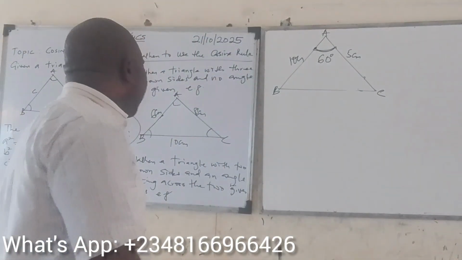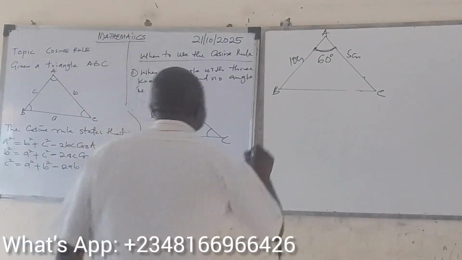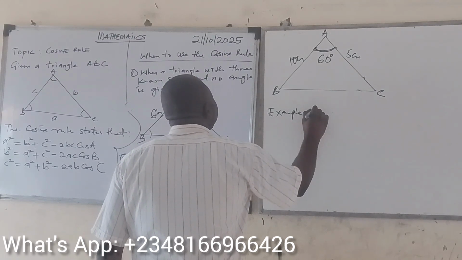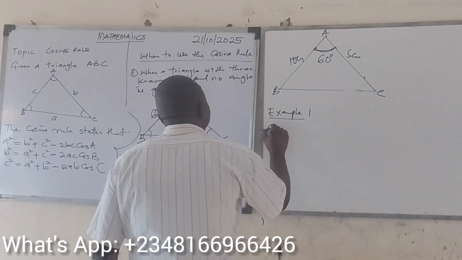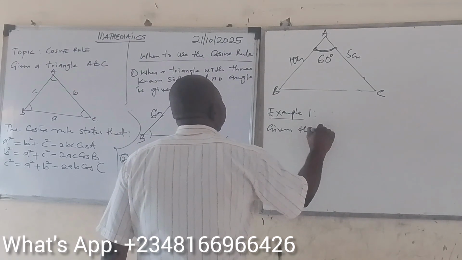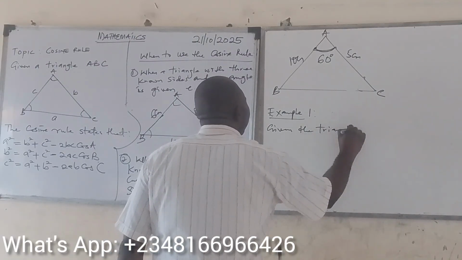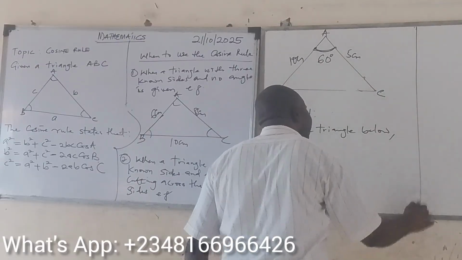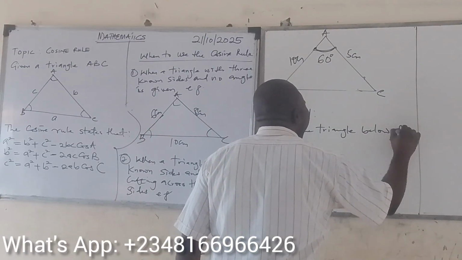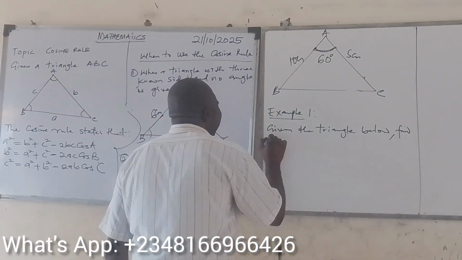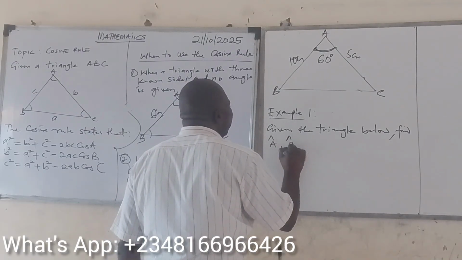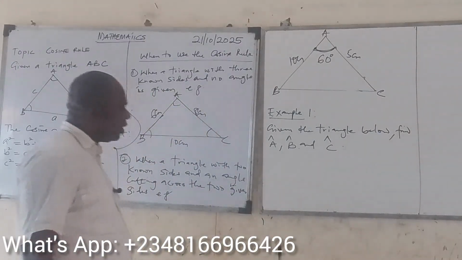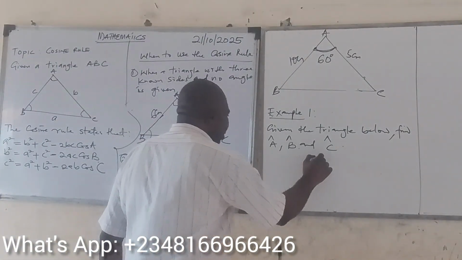So we are going to be solving a problem. Let's look at example 1. Given the triangle below, find angle A, angle B, and angle C. Now this is the triangle.